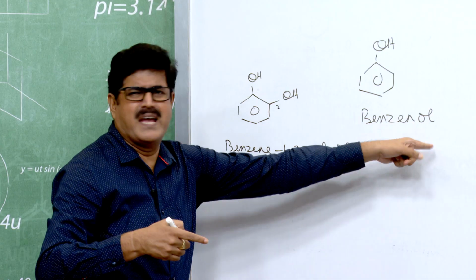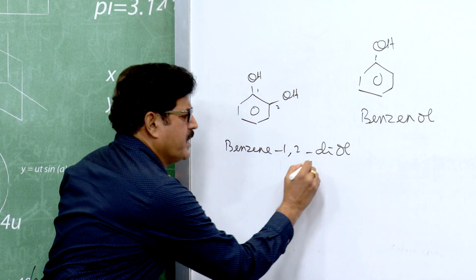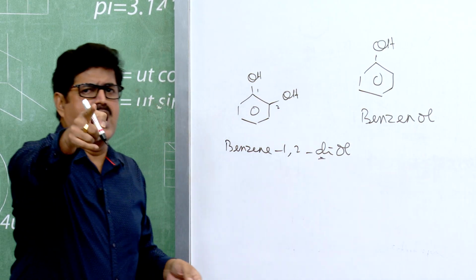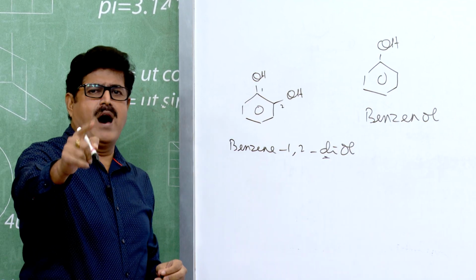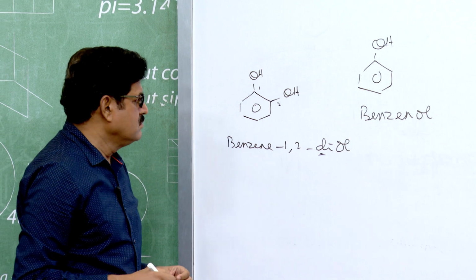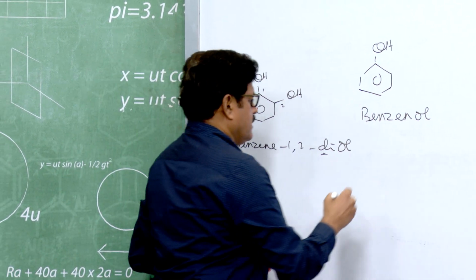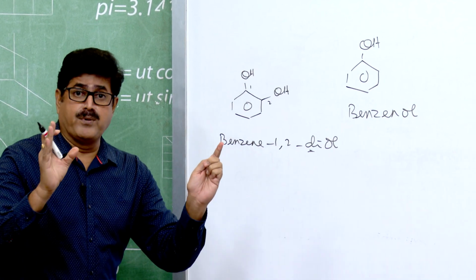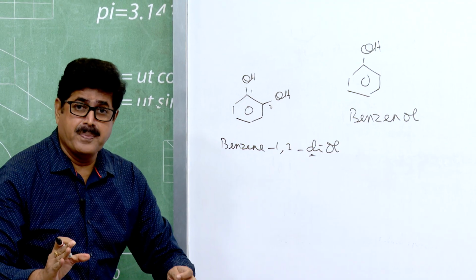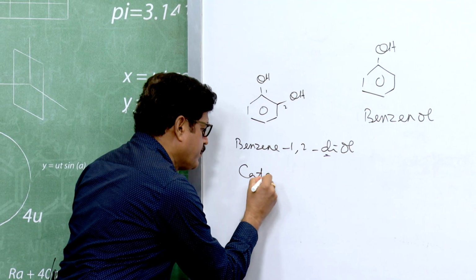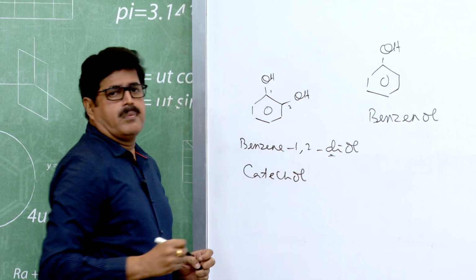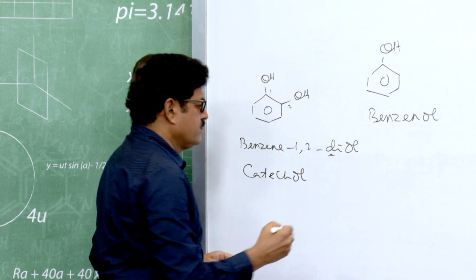That is why it is benzenol. E is not here. But here the secondary suffix begins with a consonant D. That is why E is present. Benzene 1,2 diol. Is that clear? It is very popularly known by a common name that you must know, that is catechol. This is catechol.